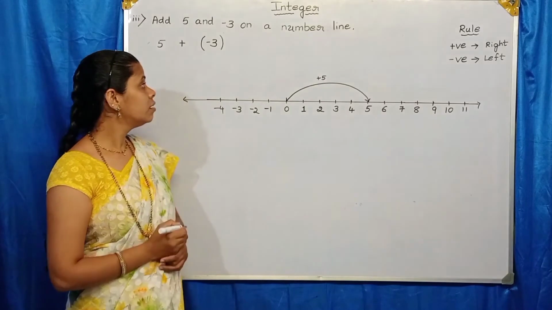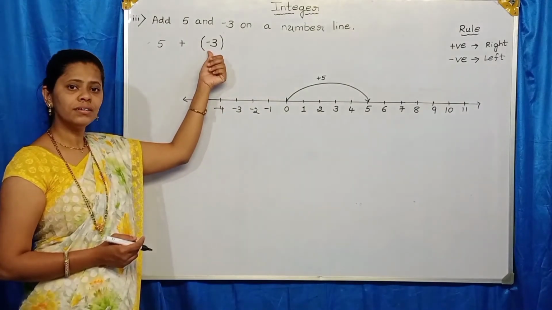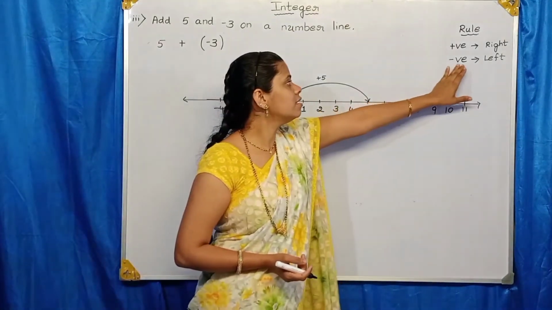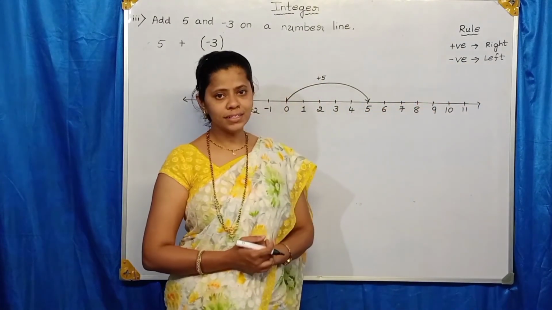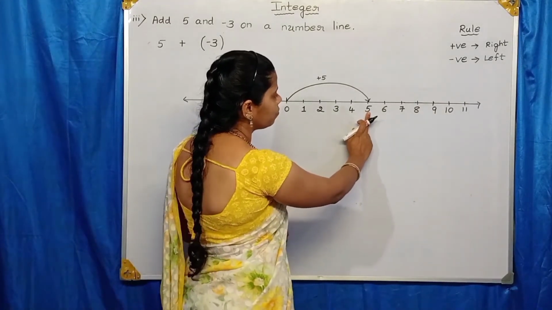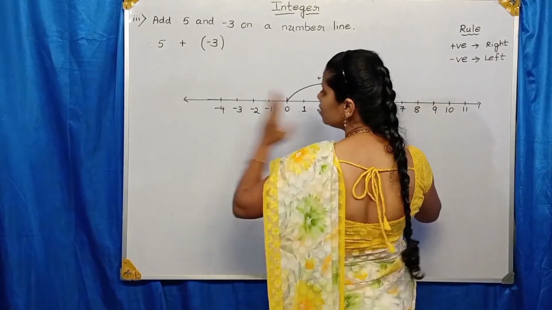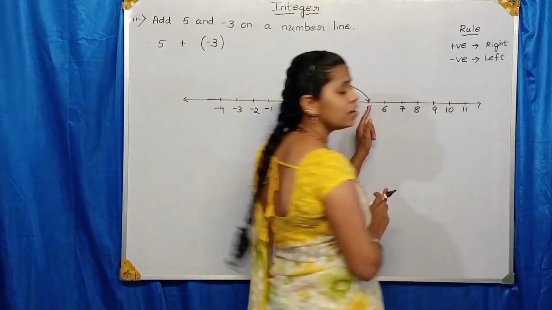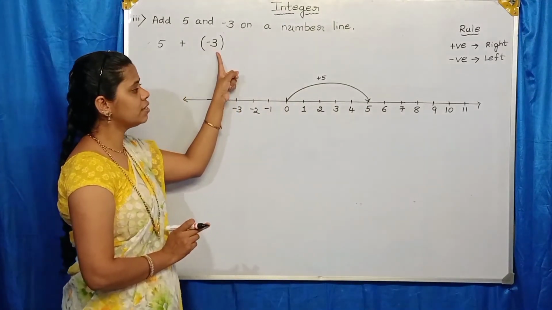Okay? Now, we have to add minus 3. But what does the rule say? The rule says, while adding a negative integer, we move to the left on a number line, isn't it? So, 5 is here. For this 5, this is the right side and this is the left side. So, we have to move to the left side on a number line because 3 is a negative integer.